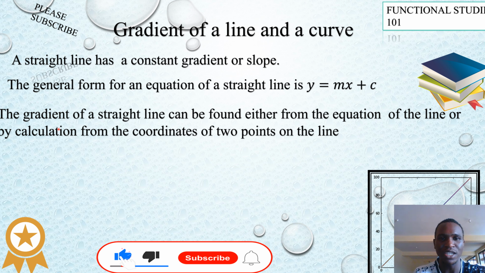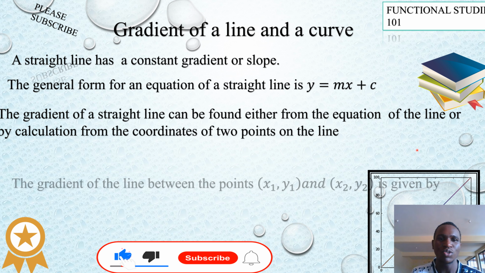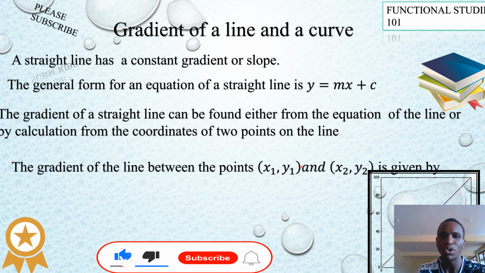We can also get the gradient of a straight line by calculating between 2 points on the line. So let's say for instance we have 2 points (x1, y1), that's the coordinate of the first point, and the second point (x2, y2), which is the coordinate of the second point on this straight line.